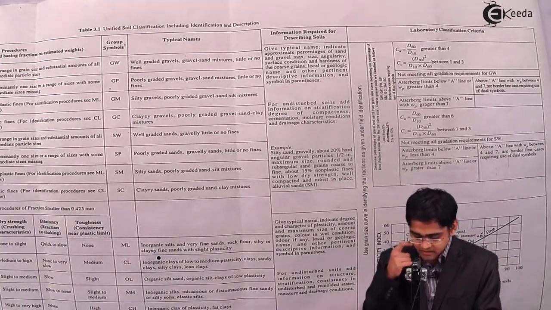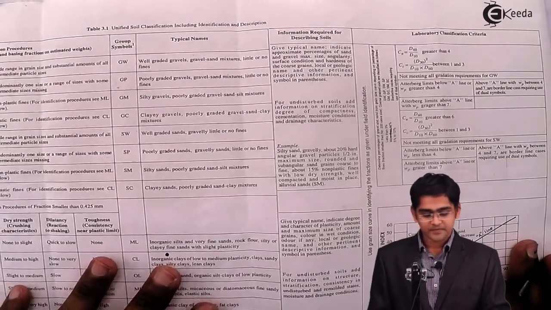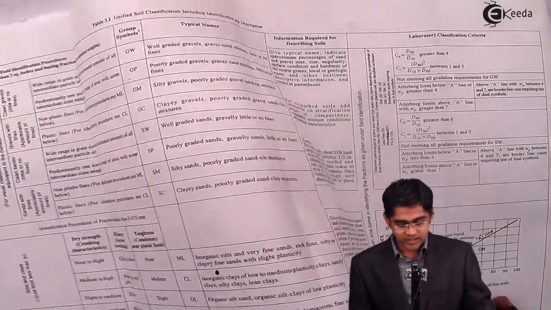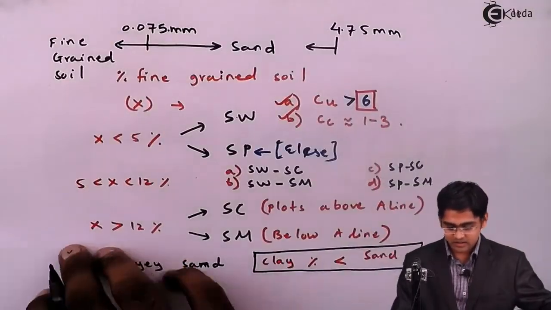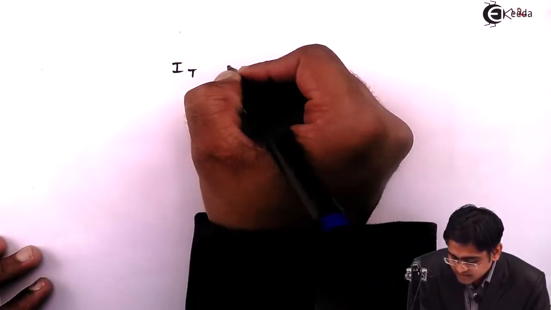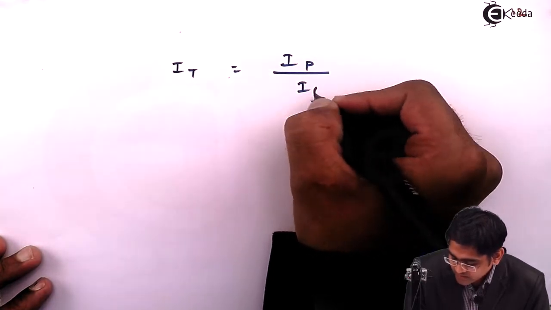And if you compare the two soils, that's what we highlighted while discussing the toughness index. What is the toughness index? We have discussed that the toughness index is nothing but the ratio of plasticity index to the flow index.